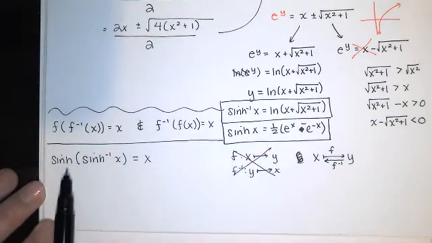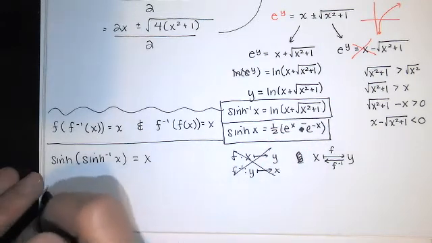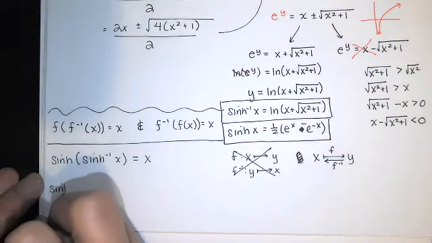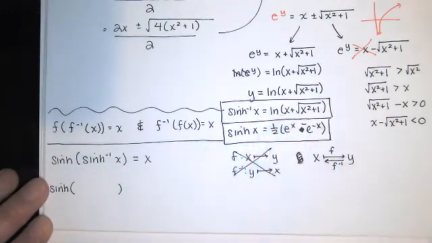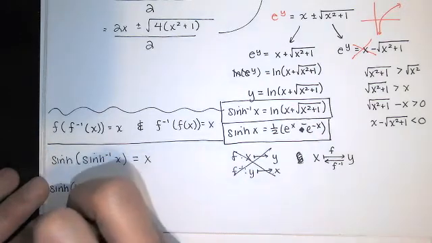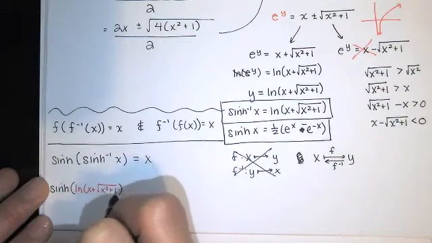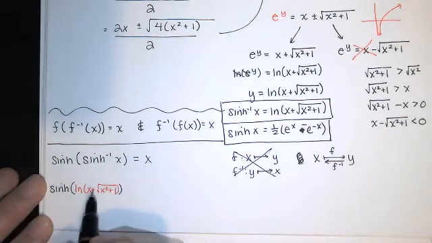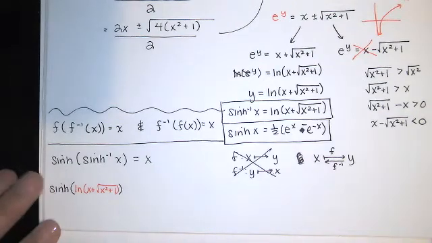So what I'd like to do is take that hyperbolic sine function, which is this, and everywhere I see an x, I want to replace it with the natural log of x plus the square root of x squared plus 1. If this is truly the inverse function for the hyperbolic sine, I should get x back when I'm done.